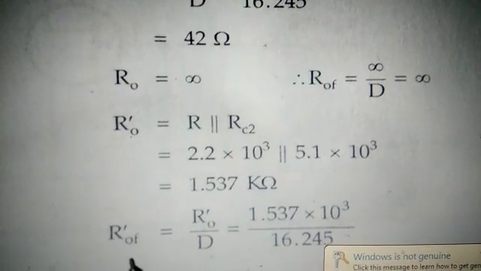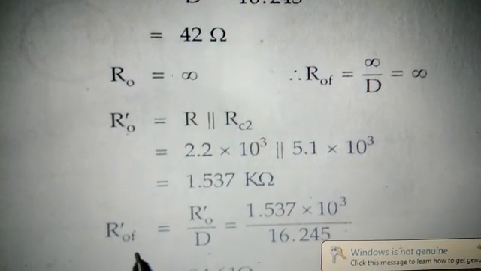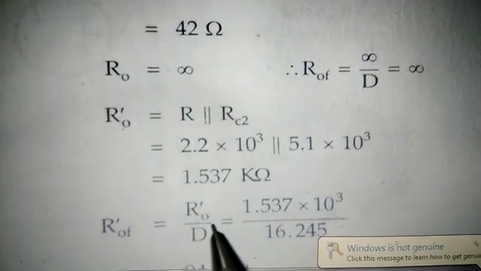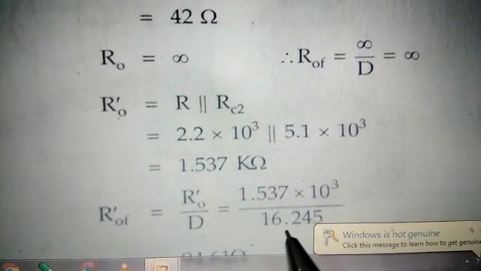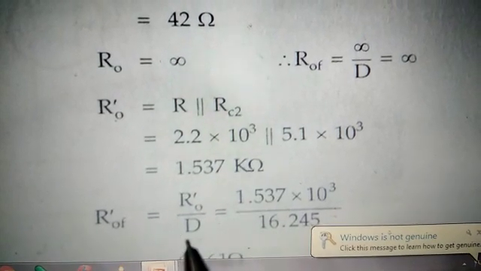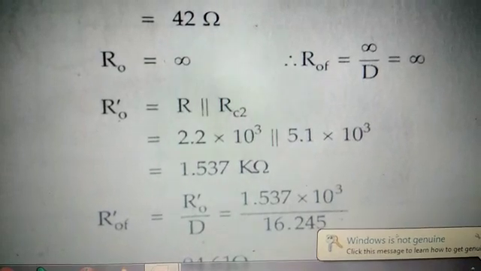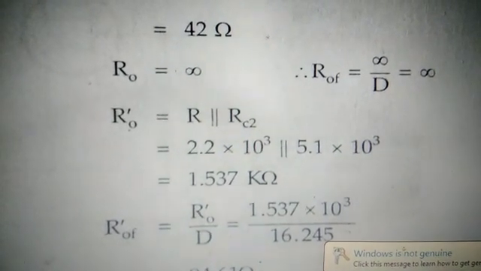And finally, ROF is the output resistance of the overall two-stage amplifier with feedback, which is RO' upon D. RO' is calculated and D is this one. So this value you can calculate here, ROF. In this fashion, you can calculate the H parameters and get the answers.